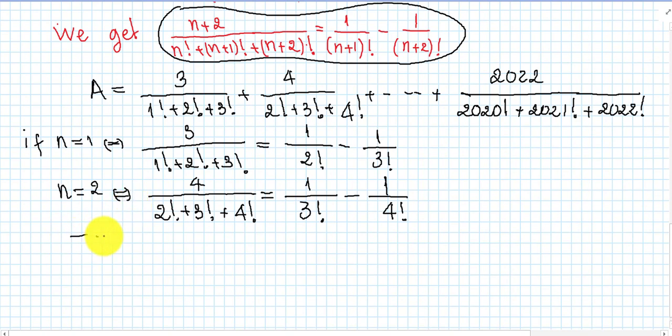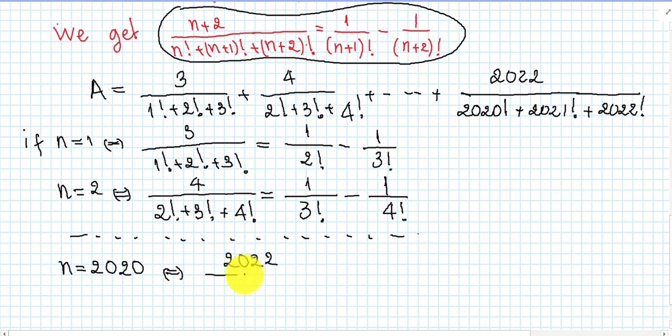And then if we continue until n equals 2020, we get 2022 over 2020 factorial plus 2021 factorial plus 2022 factorial.